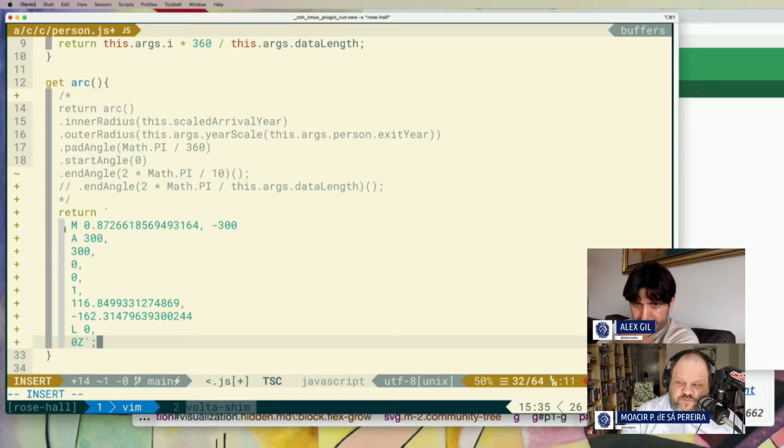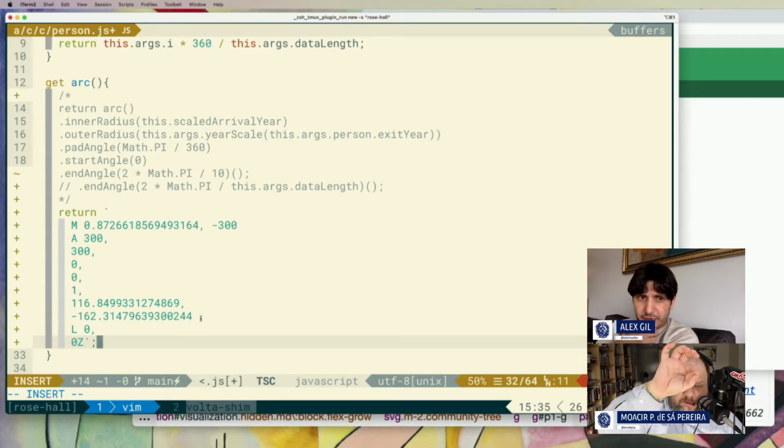So the first move here says move the pen up to where the arc begins, but don't draw. And I'll explain why later. Then all this A stuff here, this is draw that arc. These are the rules for drawing that arc.